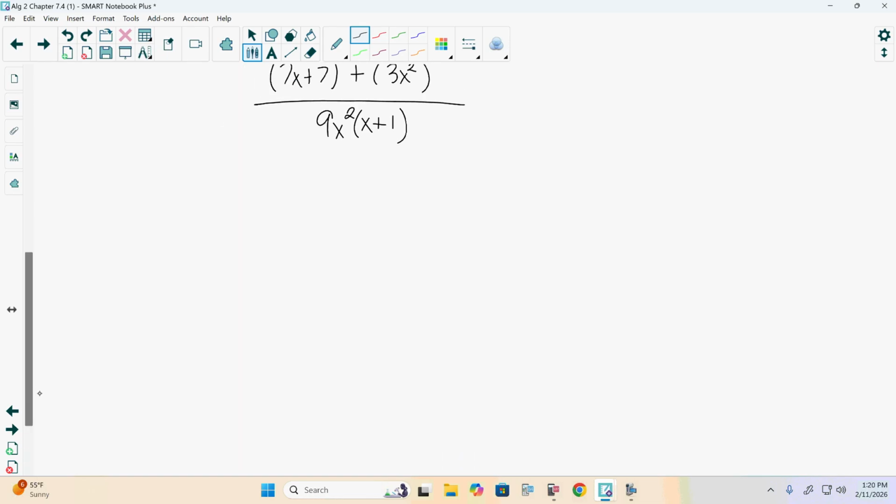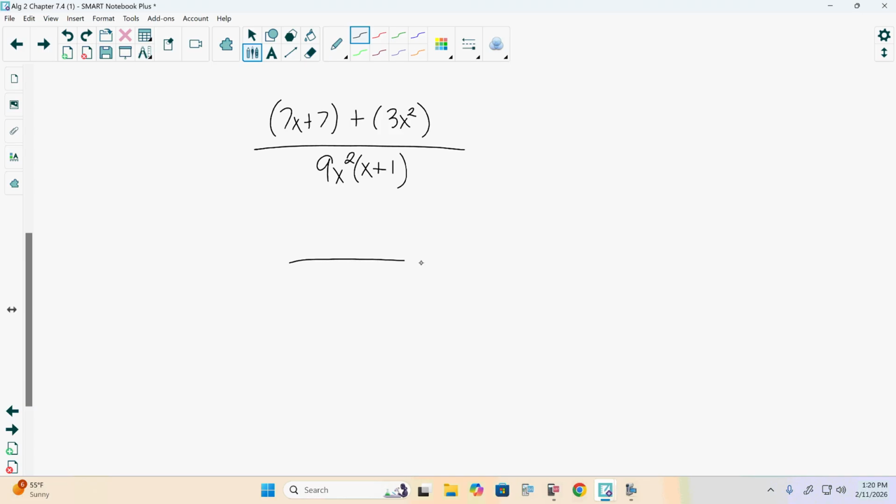Now, at this point here, we can simplify, we can resolve the parentheses on top. 7x plus 7 is still going to stay 7x plus 7. And 3x squared is still going to stay positive. So really, we just drop the parentheses as we resolve that there.